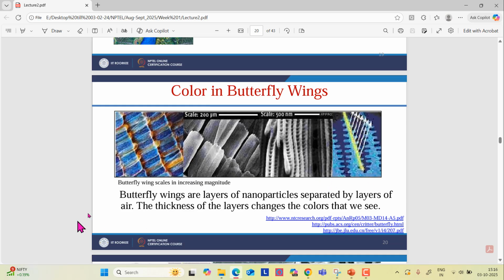So you know that when light is incident upon a nanostructure, it emits different colors because of the thickness of that particular layer. The air gap between these layers controls the thickness and also controls the color the light reflects and what we can see.